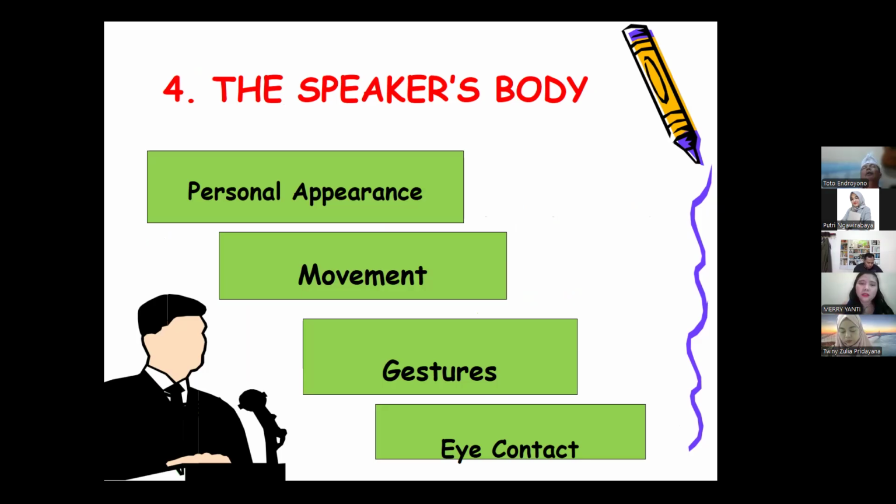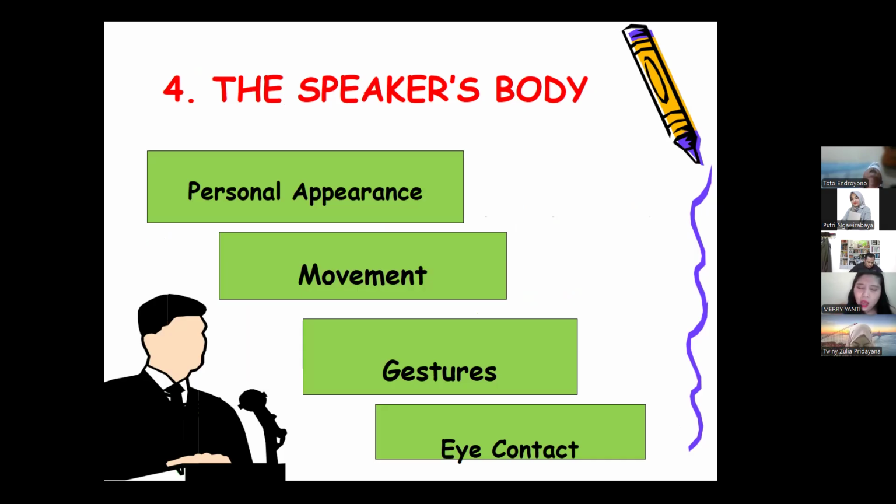It is about personal appearance. It is the speaker's body, how you use your body when speaking affects how your audience understands and feels about your message. And then the movement.